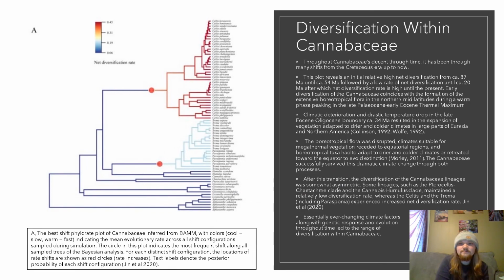The Cannabaceae family is actually really diverse in my eyes because throughout its descent through time, they've had many shifts from the Cretaceous era up to now. All of these crazy events happening in the past, like the crazy climate shifts and drastic temperature drops, all of these different environmental factors that have played into its natural selection have made Cannabaceae plants very hardy plants.